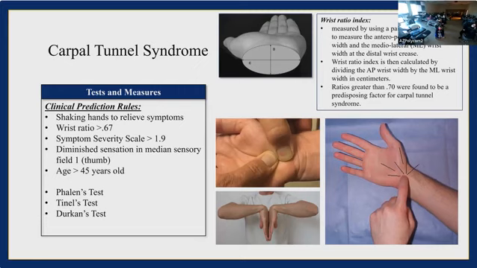If you have more muscle, more adipose tissue, thicker bones, systemic condition that might increase global inflammation, all those things may increase wrist thickness.